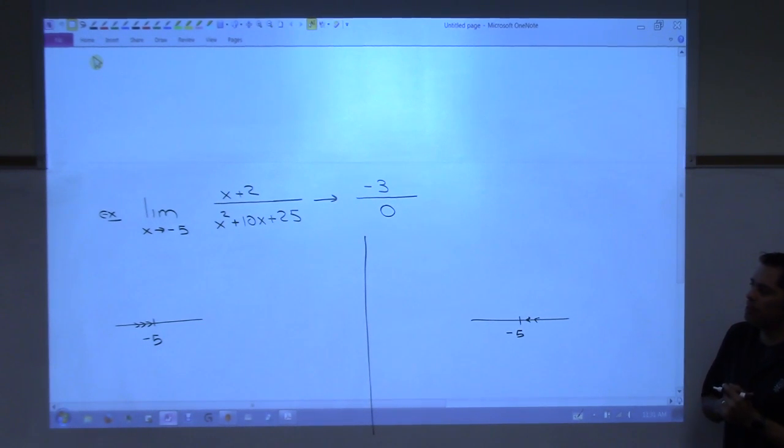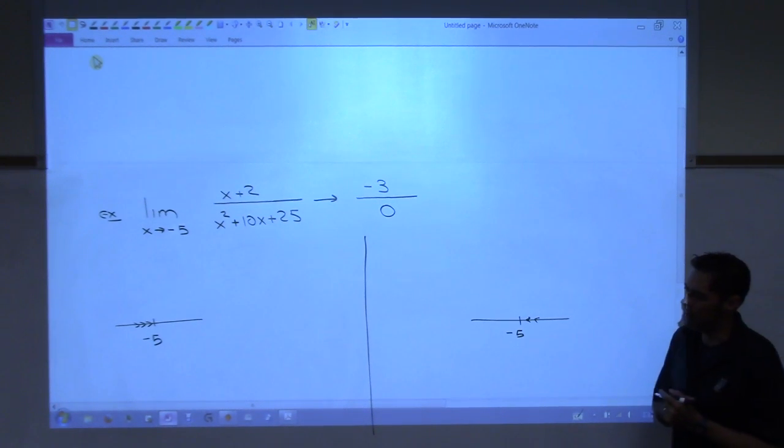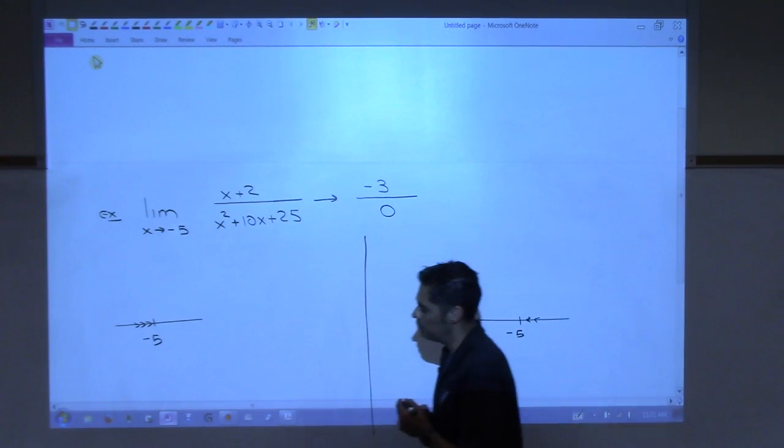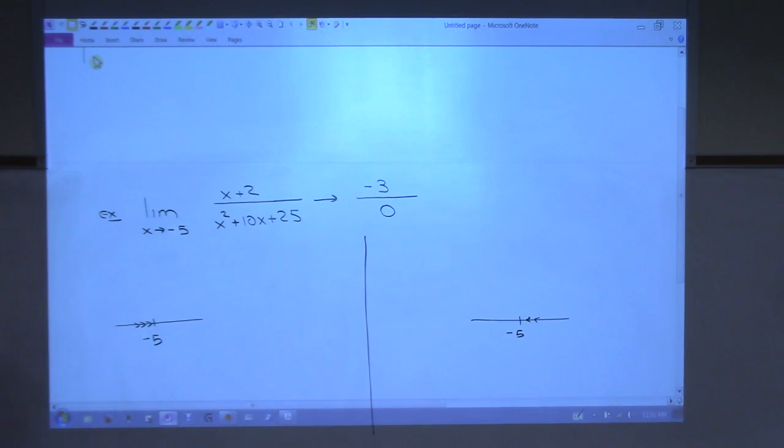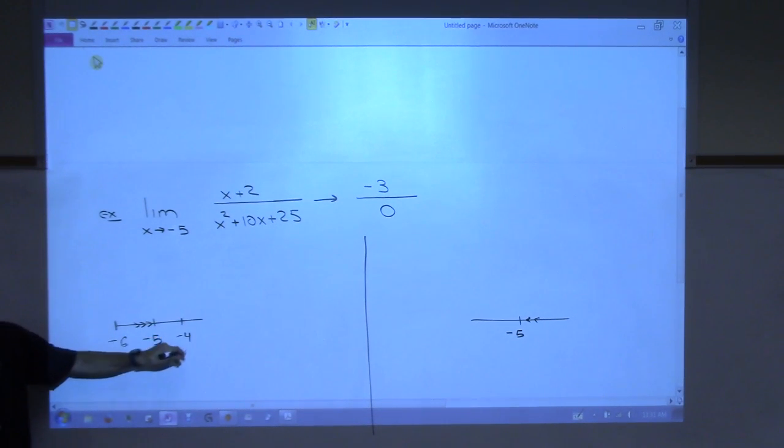Now, what happens if we try and plug in a number to the left of -5? What's a number over here? Careful. What number's over here? -4.